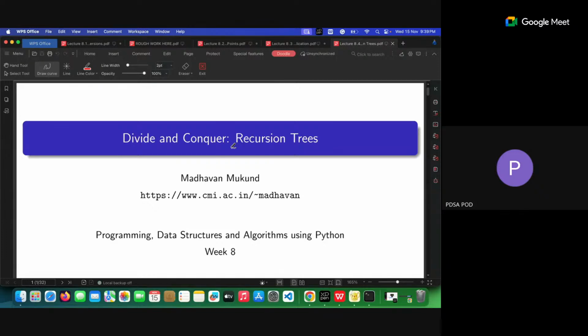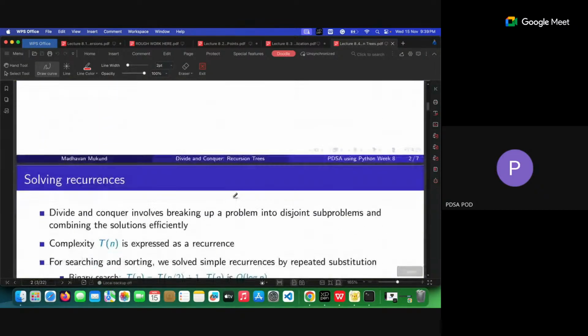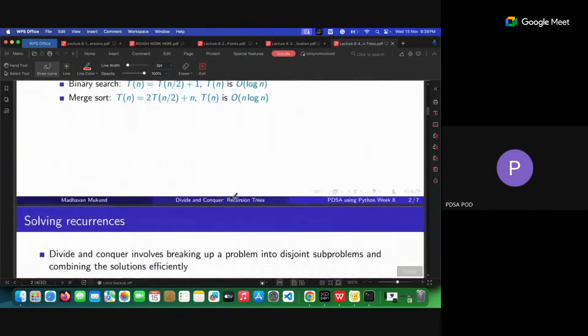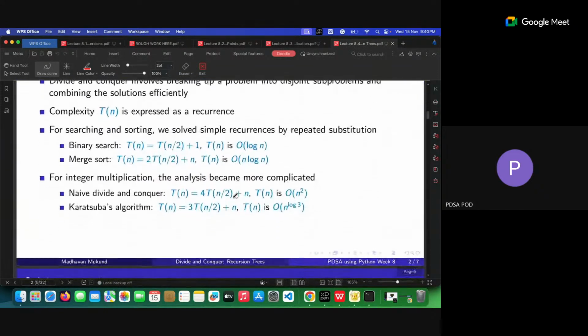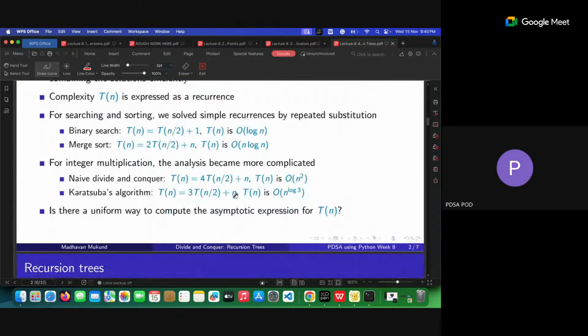So let me go into the depth of this. If you look at the recursion trees, the professor talked about the types of recurrences, here, different kinds of recursions.